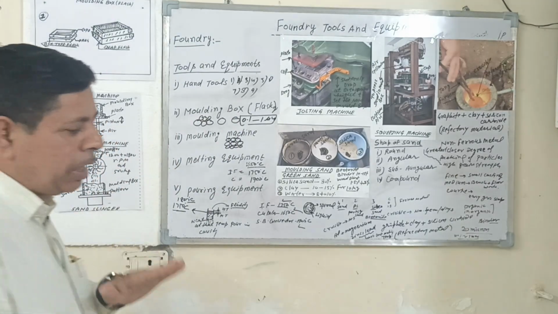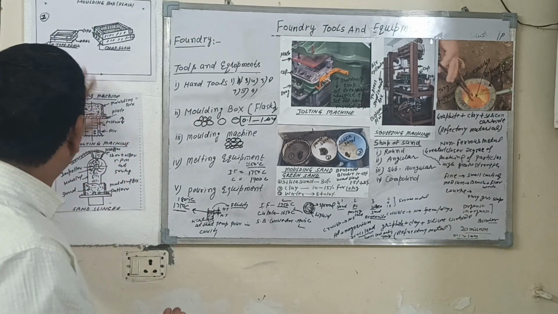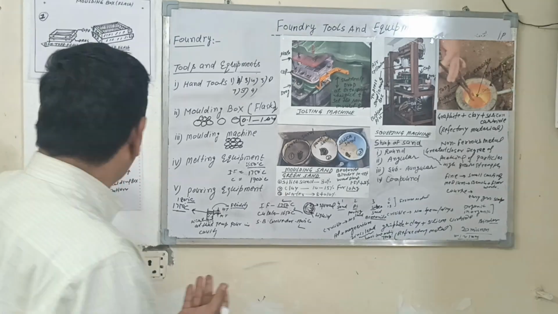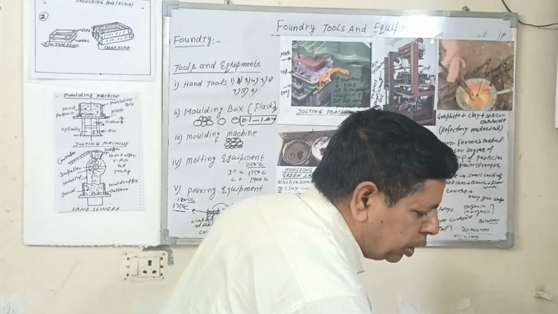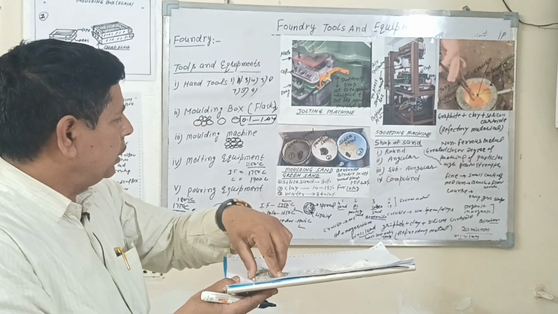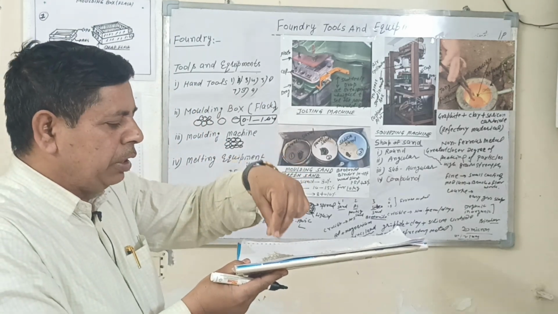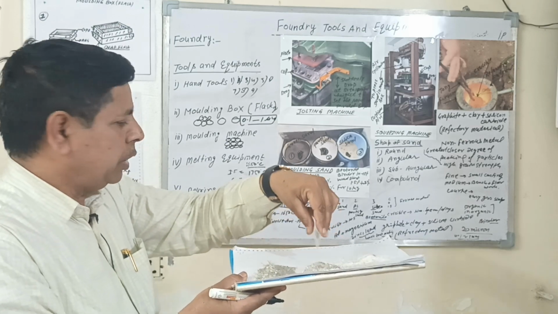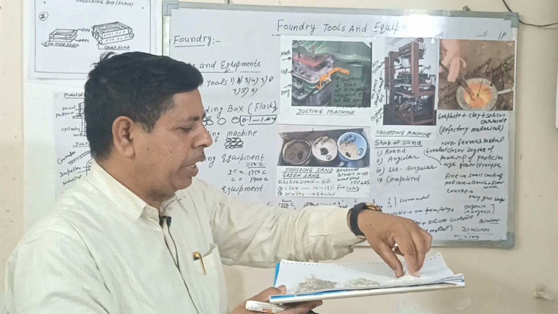After packing the core box, different types of sand are used to make the mold. This is silica sand. This is clay. This is a bentonite binder.